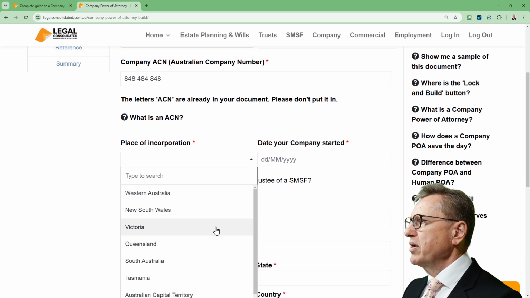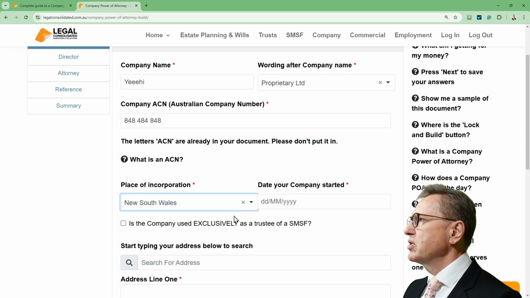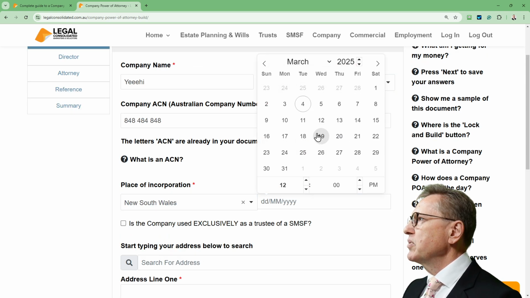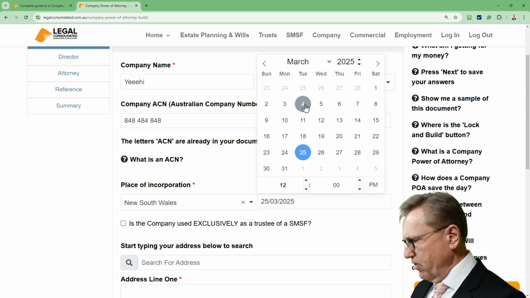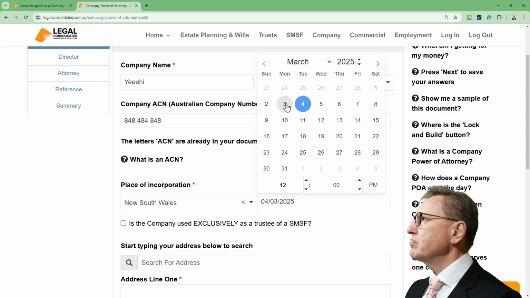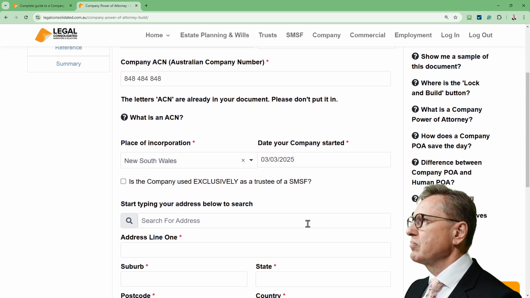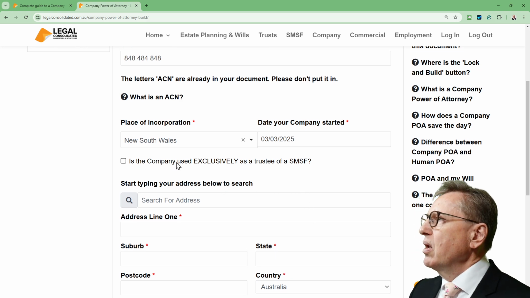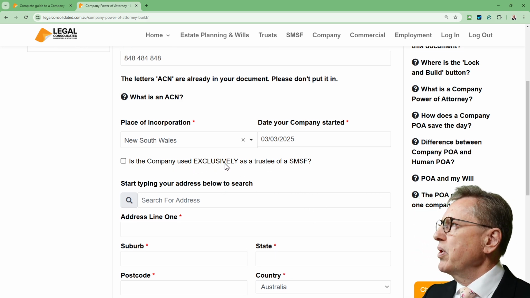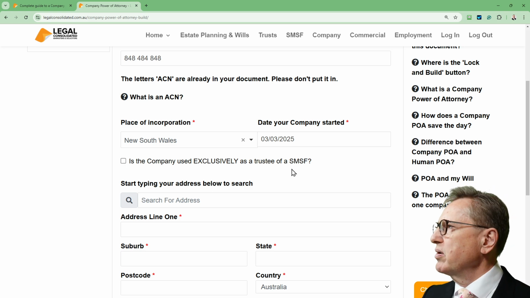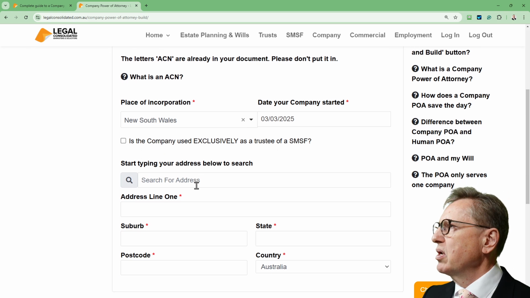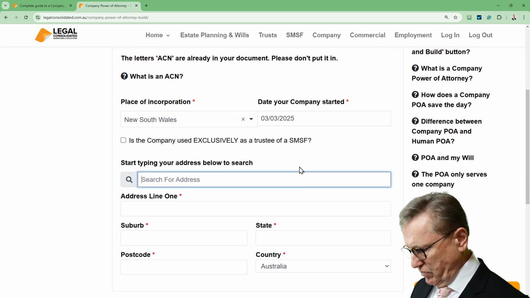Place of incorporation is New South Wales in this case, and the company started back on the 25th of March. The company will not be used exclusively as a trustee of a self-managed super fund, so I won't tick that box, and I need the address.